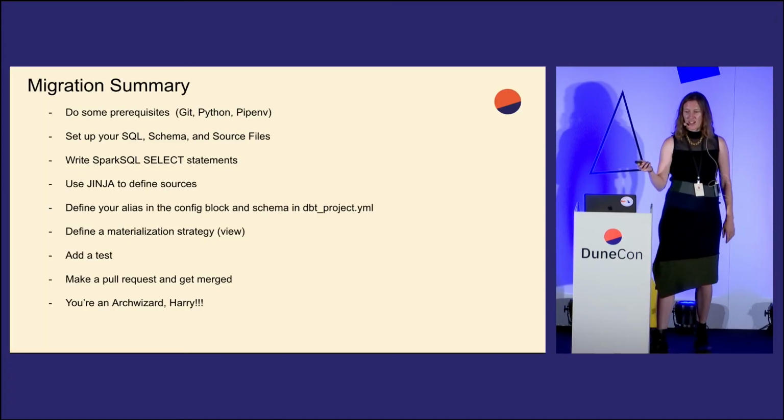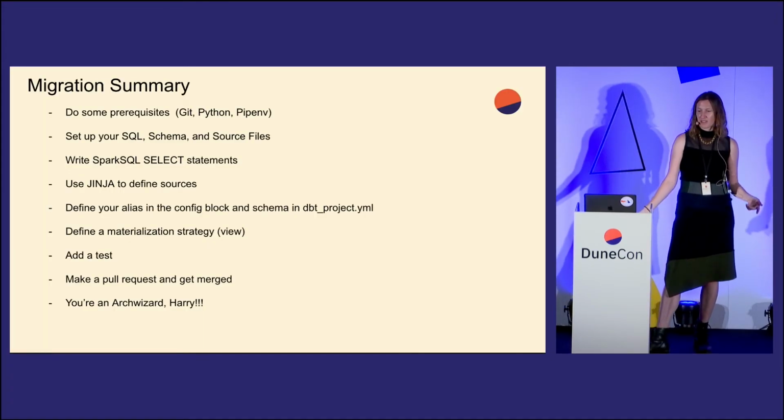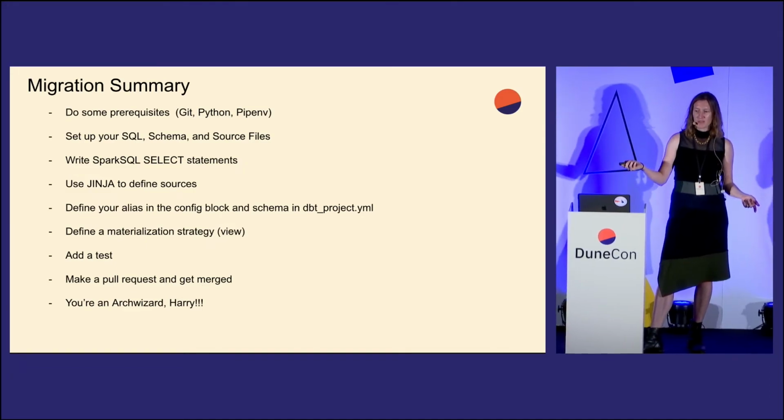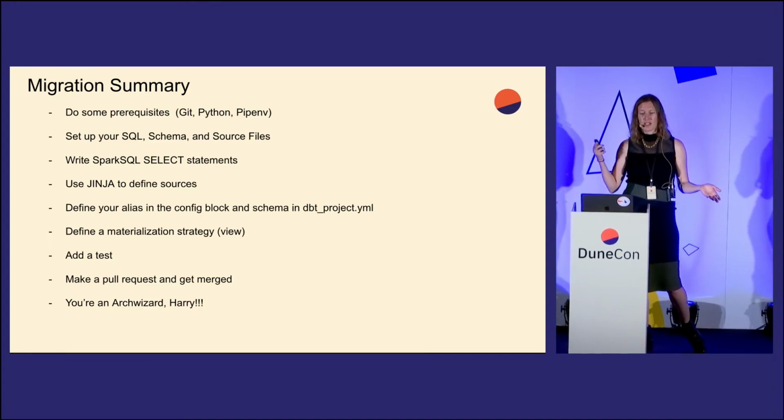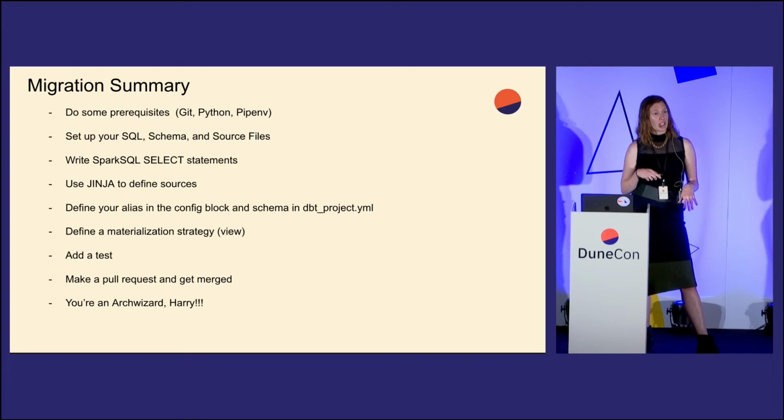Just in summary, we set up some prereqs. So we got Git and GitHub set up. We set up Python, pip, and dbt. We made our file structure with our SQL schema and source files. We converted everything into a Spark SQL select statement. We used some Jinja blocks to define sources.